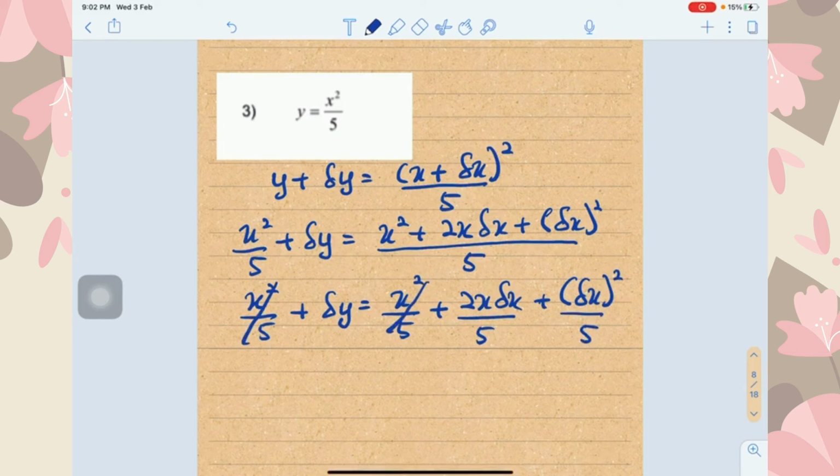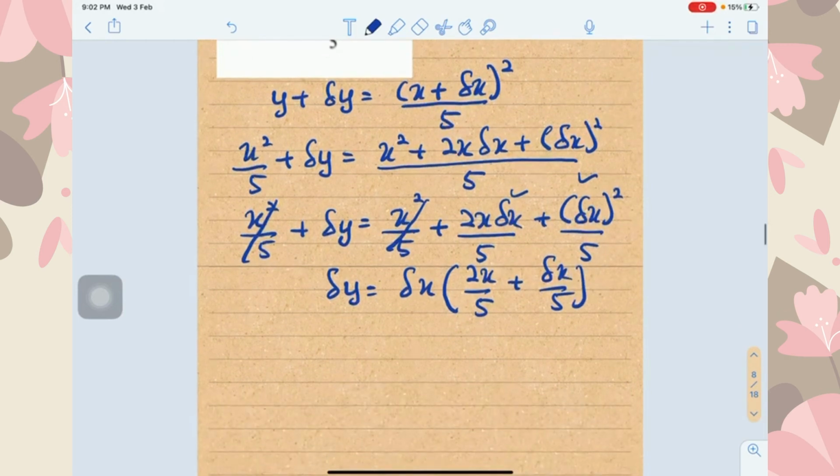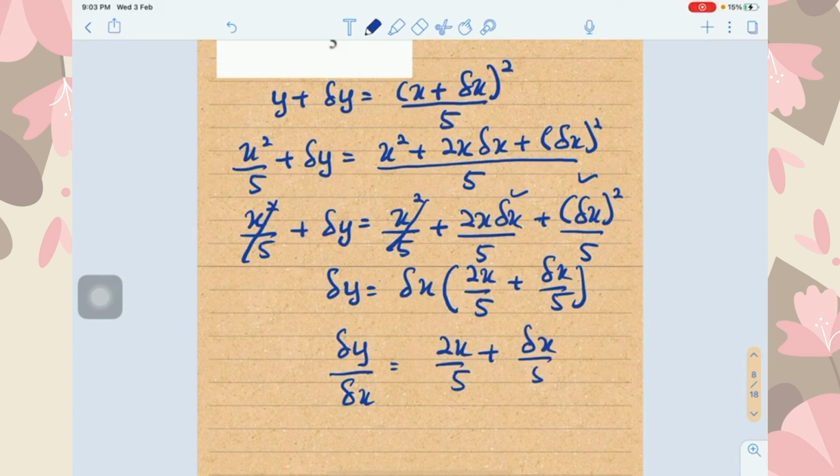We simplify. So delta y, this one we can factorize. Factorize delta x in the big bracket: 2x over 5 plus delta x over 5. So delta y over delta x equals 2x over 5 plus delta x over 5.